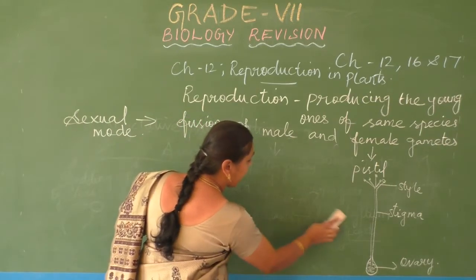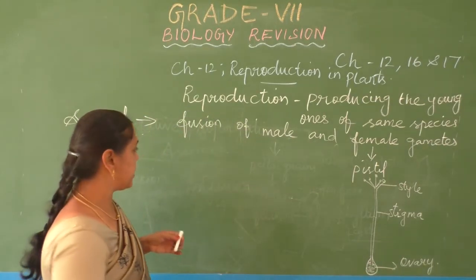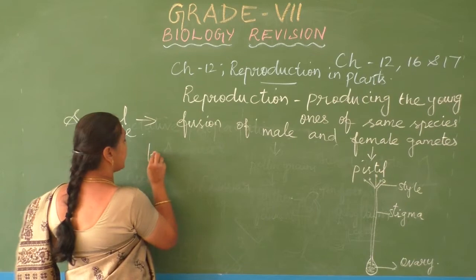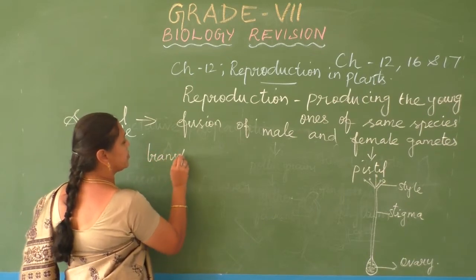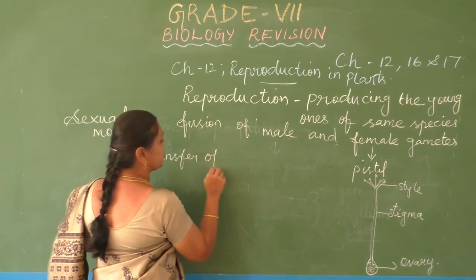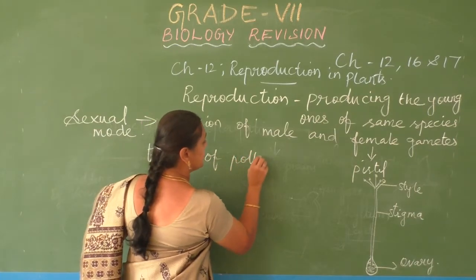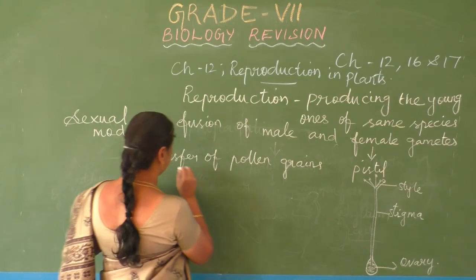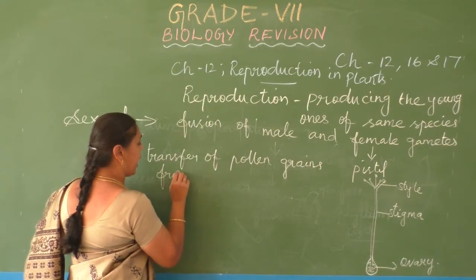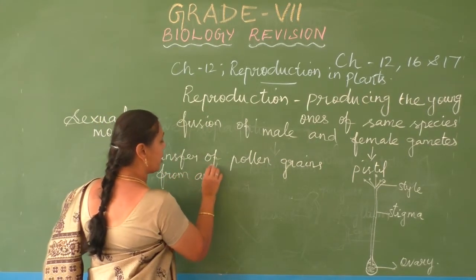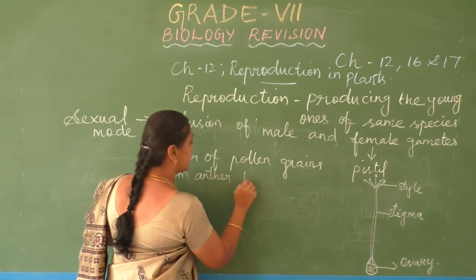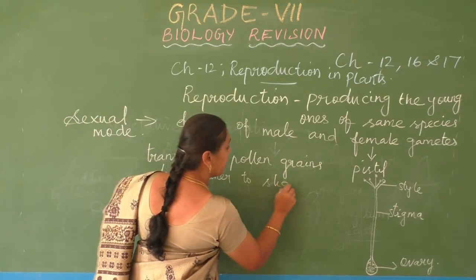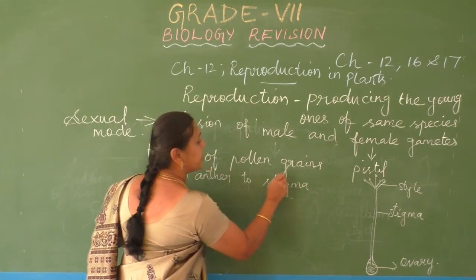And this transfer of pollen grains from anther to stigma is called pollination.